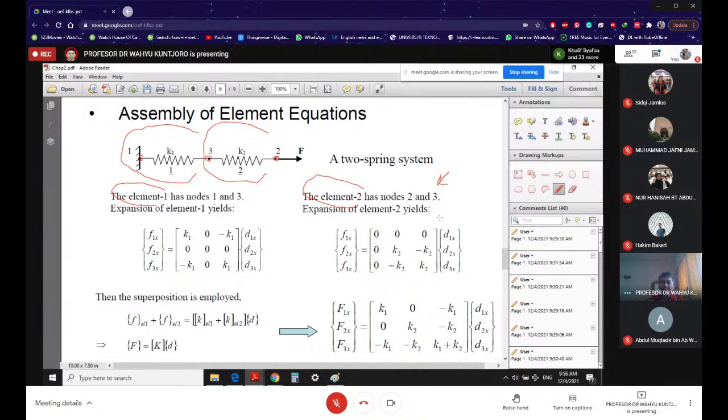Okay, so now what you need to do is write the equation. For element number 1, it is going to be F1 and F3 in the X direction.